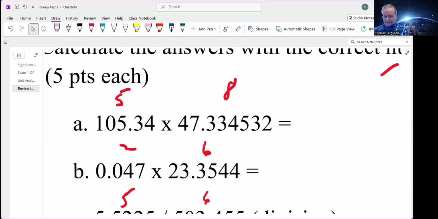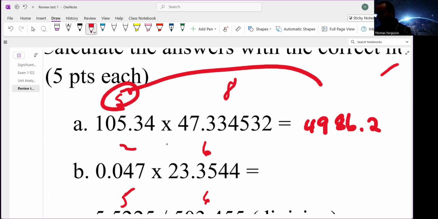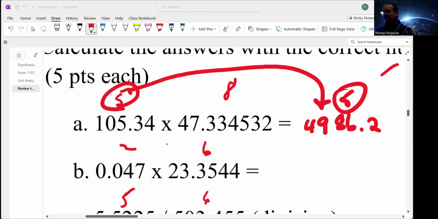See what we get. 5 sig figs. Now, if this was a division problem, it'd be the same way.